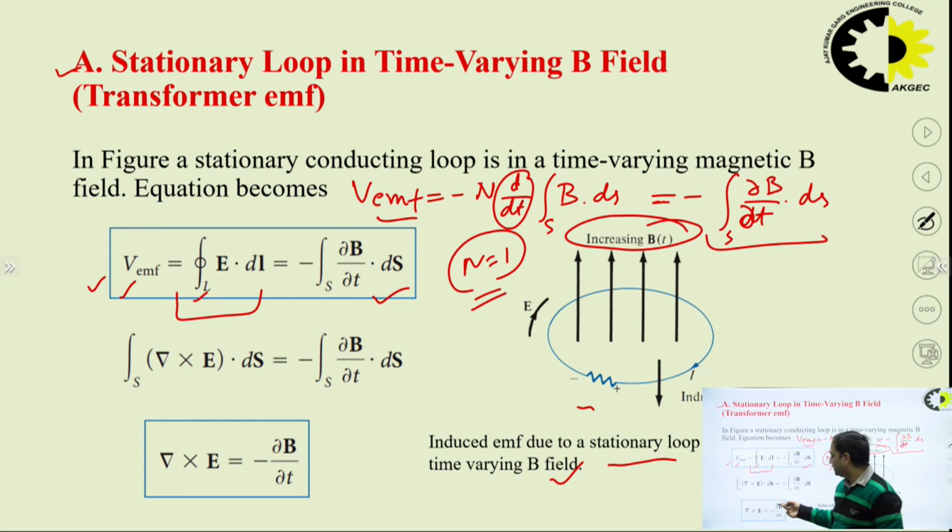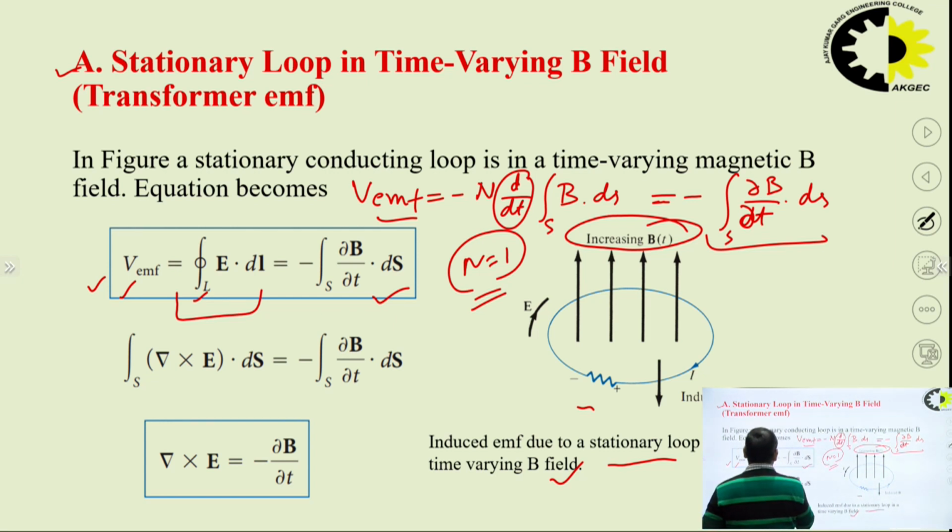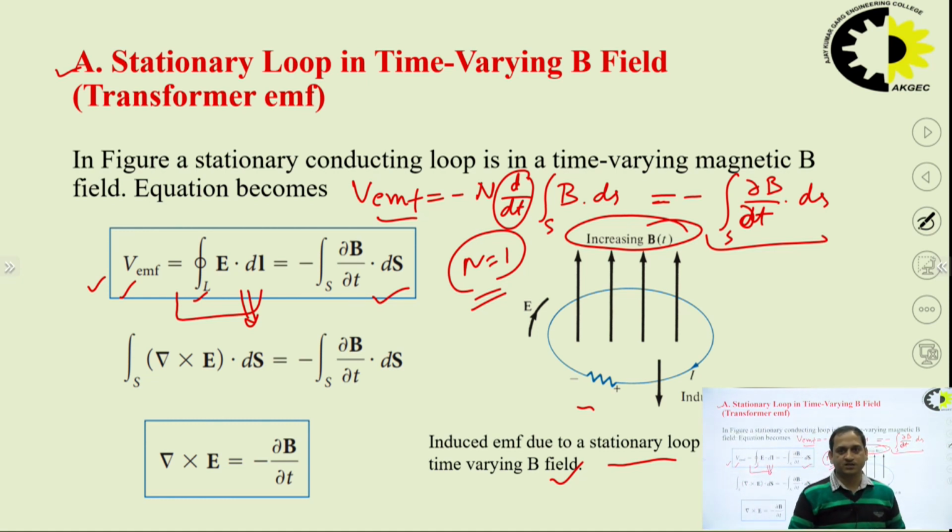So now we have this equation. Because this is a closed path, we can apply the Stokes theorem on the left hand side. When you apply the Stokes theorem, the closed path integral of E dot dl is equal to the open surface integral of del cross E dot ds.